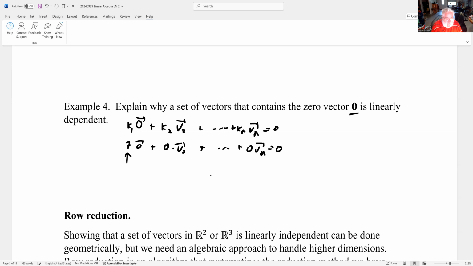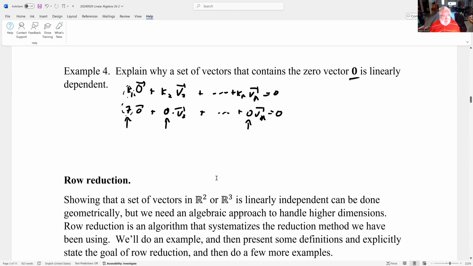And then we have not all coefficients are 0 because we have a 7 here and it's equal to 0. Since this coefficient can be anything you want, that means if you have the 0 vector, you're linearly dependent. So we usually don't use the 0 vector.